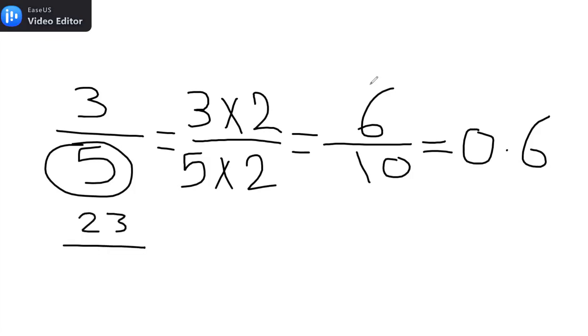23 over 20. And we want to write it in the form of a decimal number or a decimal fraction using the decimal point. What can we do? 5 times 20.